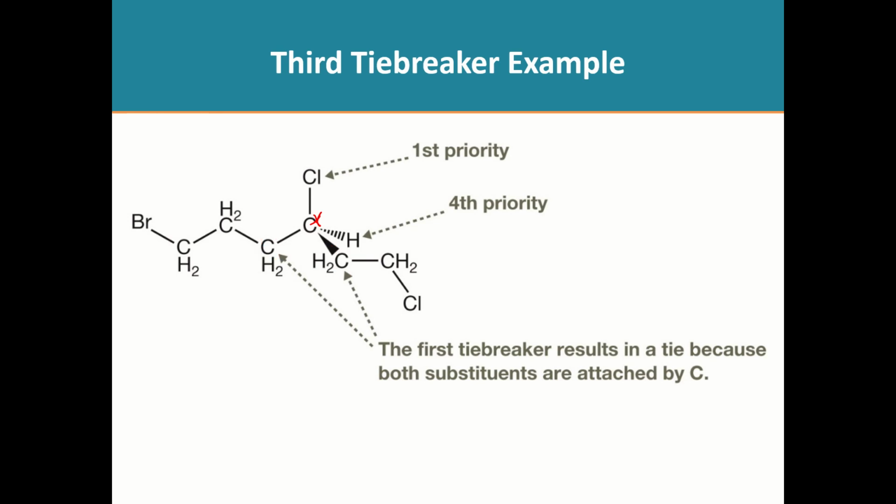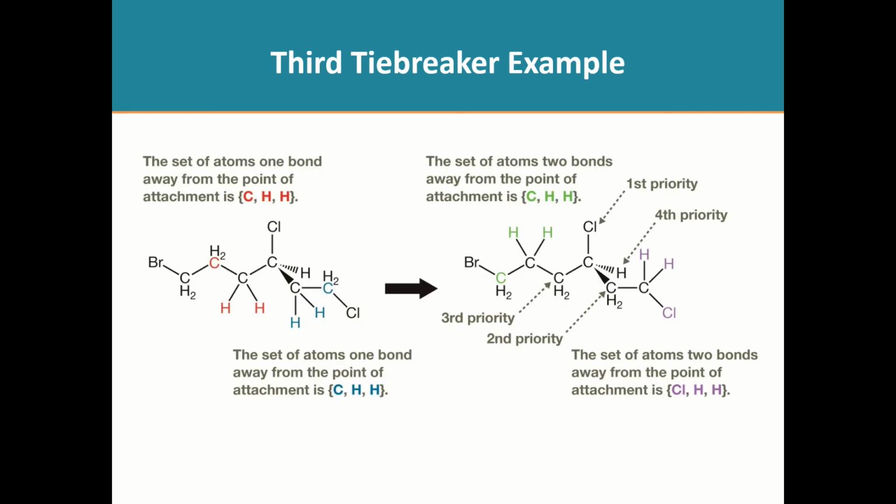So let's look at this. We look at this atom here and see what's directly attached to it: C, H, H. We do the exact same thing for this one, and we see we have a C, H, H. So when you analyze this, you see a carbon and a carbon, same; hydrogen and a hydrogen; hydrogen and a hydrogen. There is no tiebreaker.